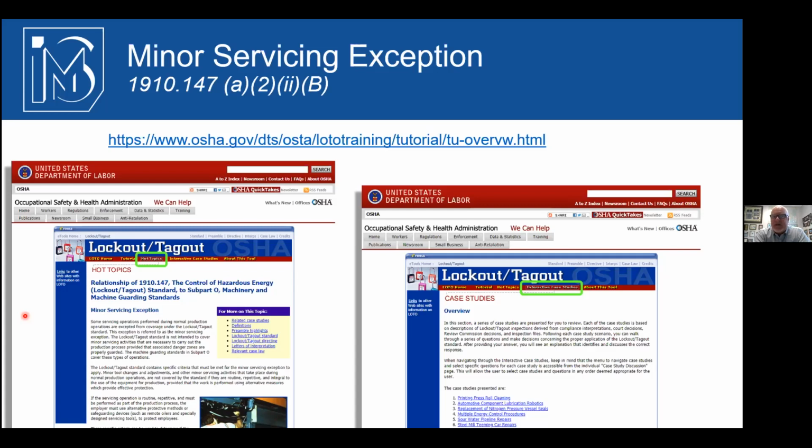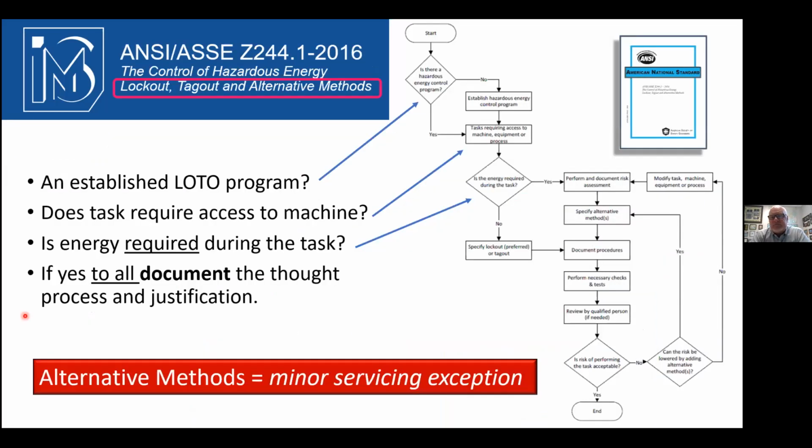If you go to the OSHA website, you can follow the link here when you get these slides, but you can find some scenarios and case studies where they determined where lockout, tagout was required or the minor servicing exception was acceptable. Some of them are surprising. You read through the scenarios and you go like, oh, okay, that seems like that should be a minor servicing exception. And then you read the outcome of the case and you go like, well, no, I can see why, and here's the reason for it. So it gives you a better understanding of the whole thing as well.